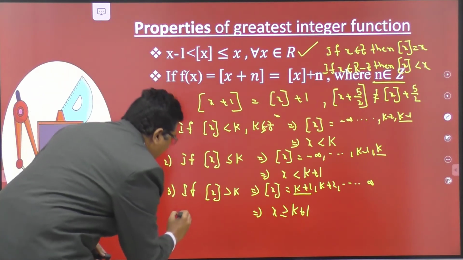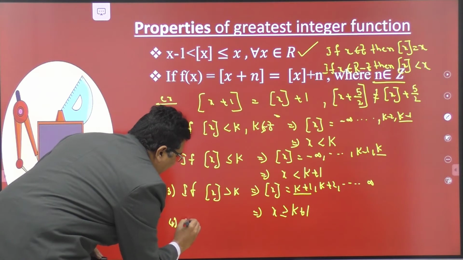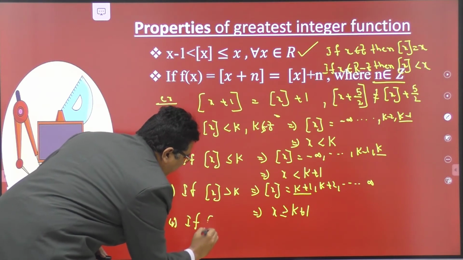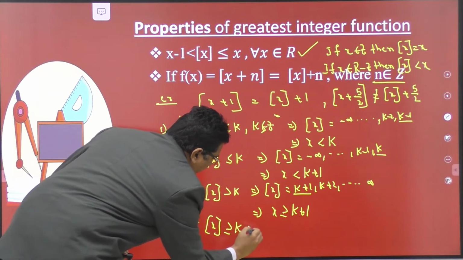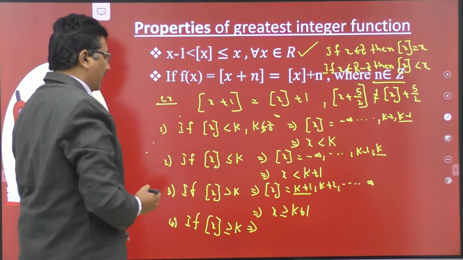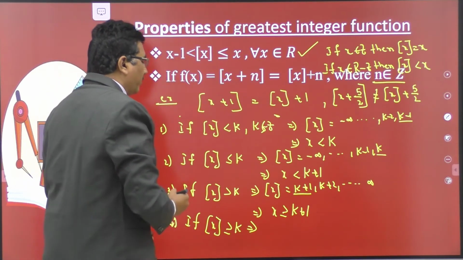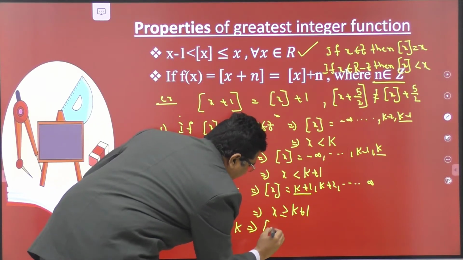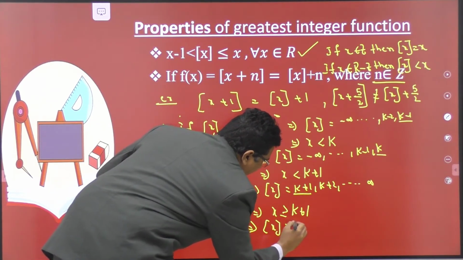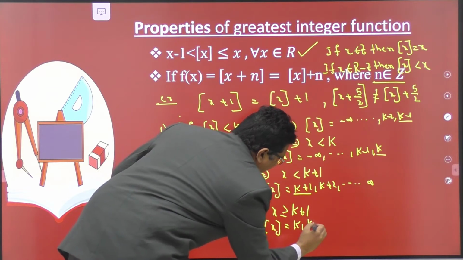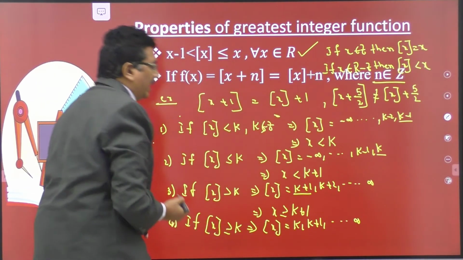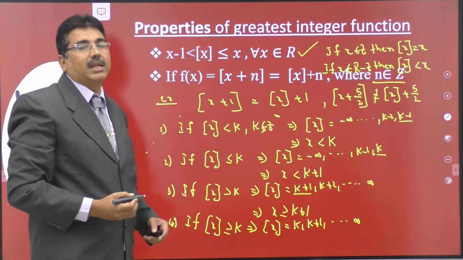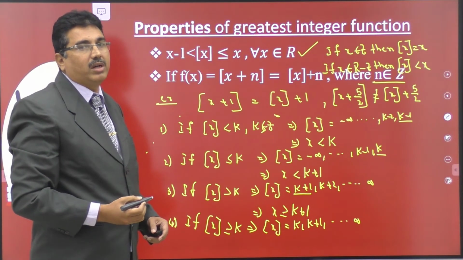Now, if [x] is greater than or equal to k, that implies the values of [x] are k, k plus 1, k plus 2 and so on to infinity. Then what are the values of x?